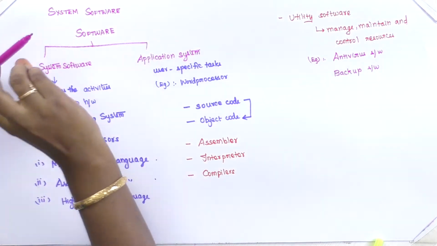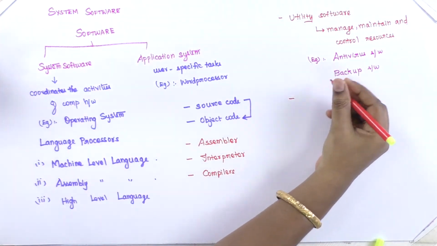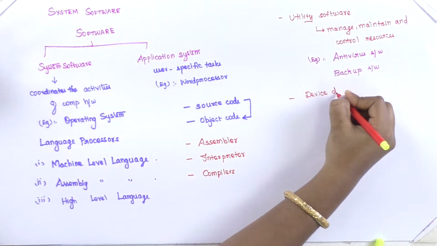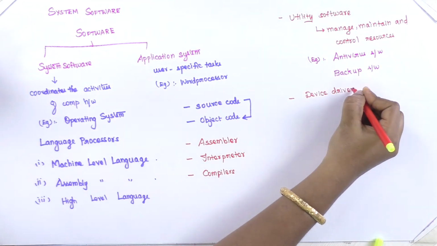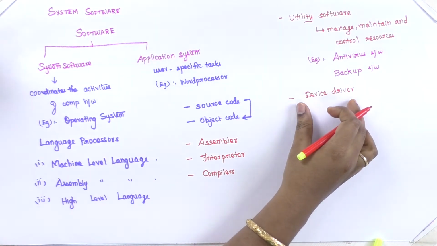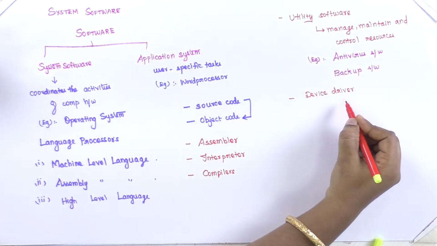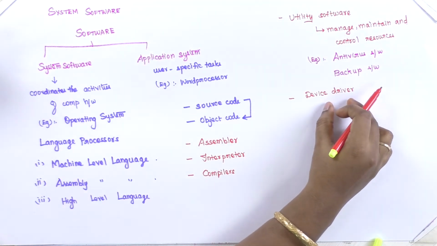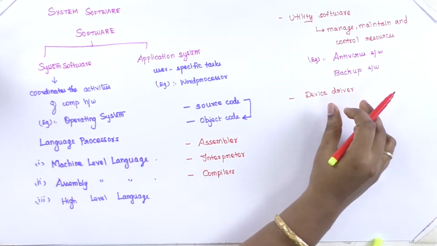Another kind of system software is device driver software. Device driver software is a computer program that controls a particular device that is connected to a computer. What are the external devices?